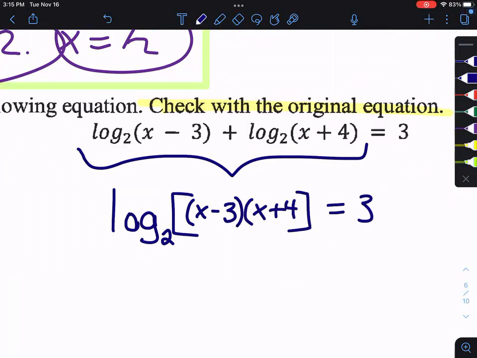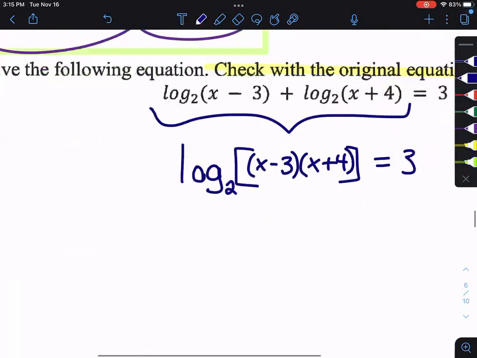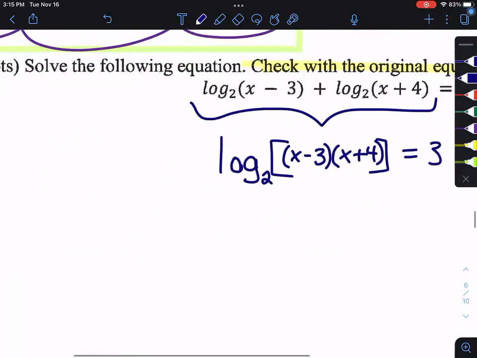So far we have this. I would draw myself a box out to the side to go in and multiply the x minus 3 times x plus 4.